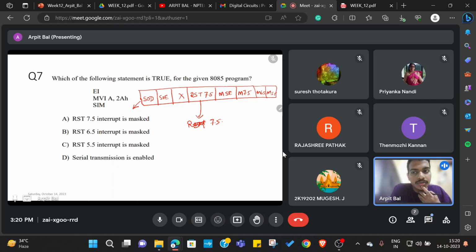In this particular instruction, we move the value 2AH to A, and then we do the set interrupt mask. First we do the enable interrupt, and then we do this. If we do 2AH, then the RST 6.5 interrupt is masked. Okay, option B is correct.